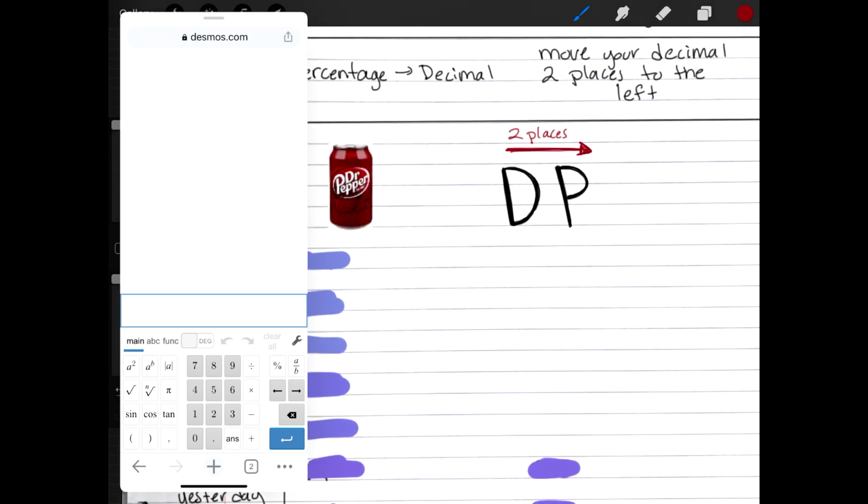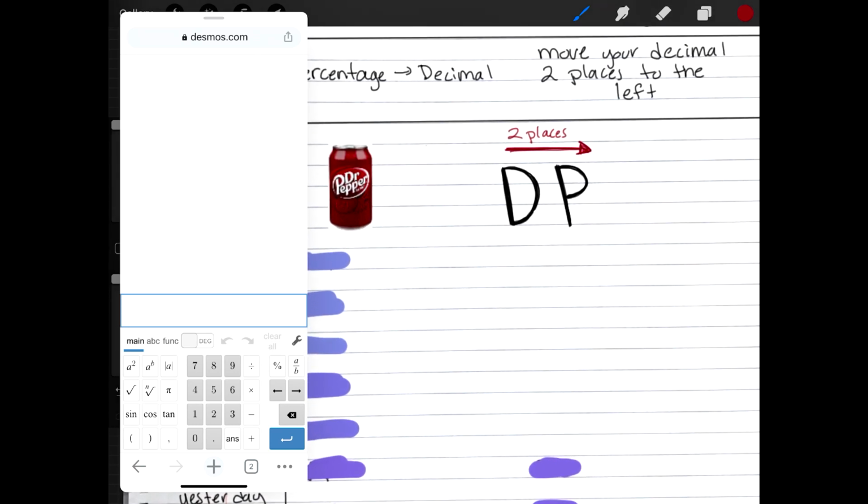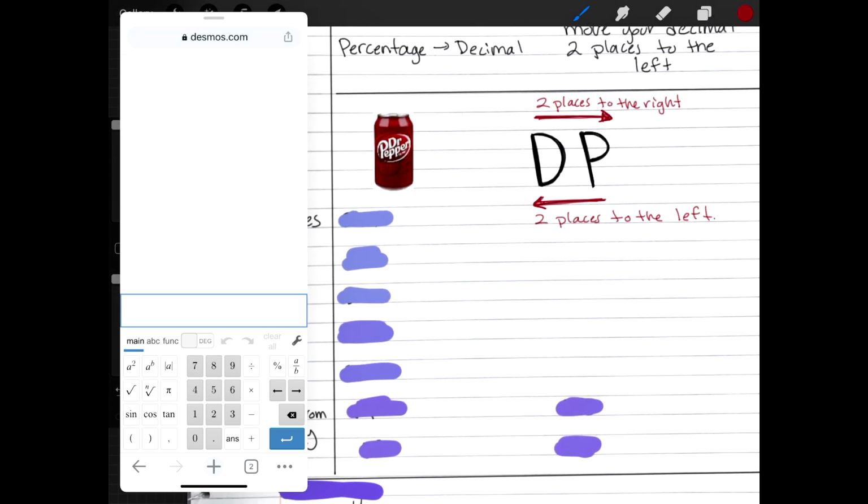I have the arrow showing which way I want to go, which is 2 places to the right. If I want to go from percentage to decimal, I put my arrow going to the left, and that tells me I'm going to go 2 places to the left.